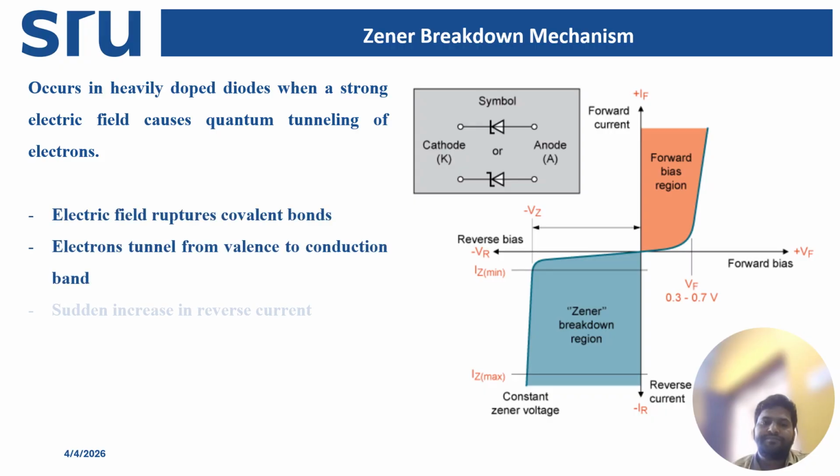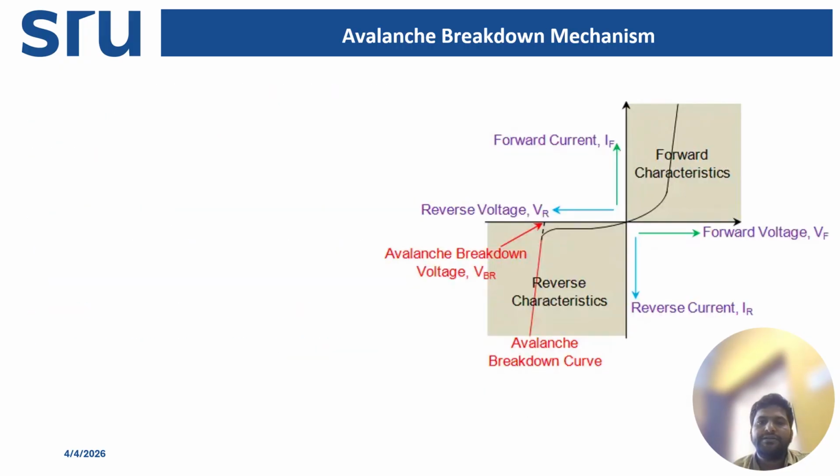Next is avalanche breakdown. Avalanche breakdown occurs when the diode is reverse biased and the reverse voltage becomes very high, causing a sudden large increase in reverse current. Let us understand how and why this happens.